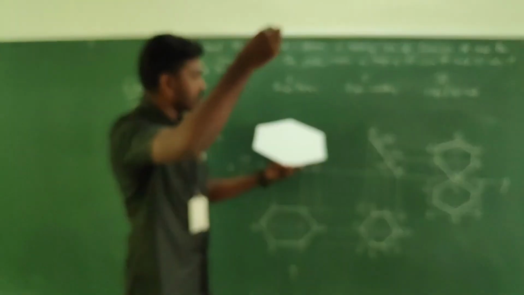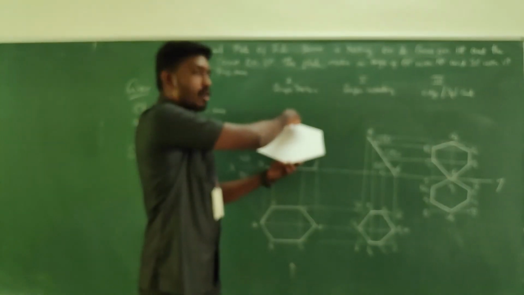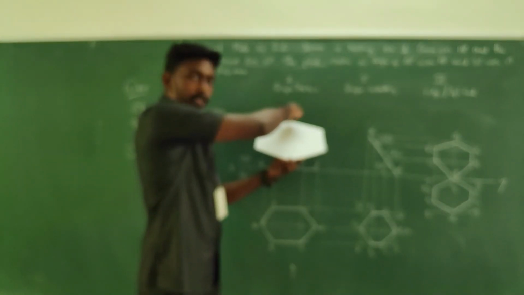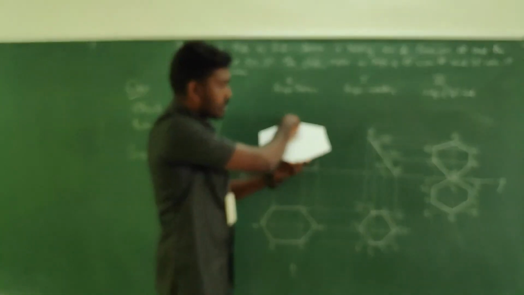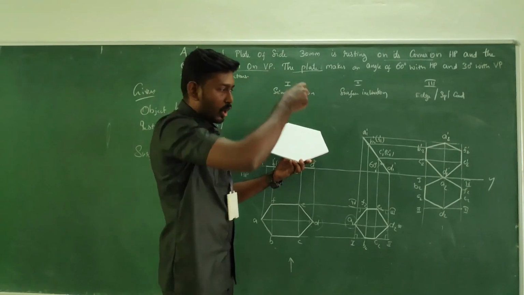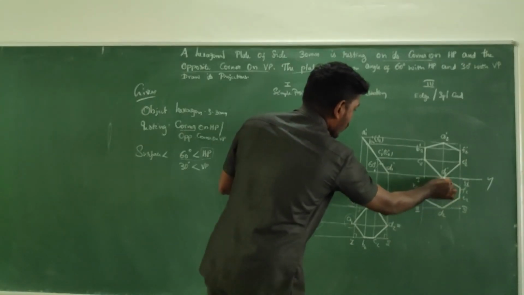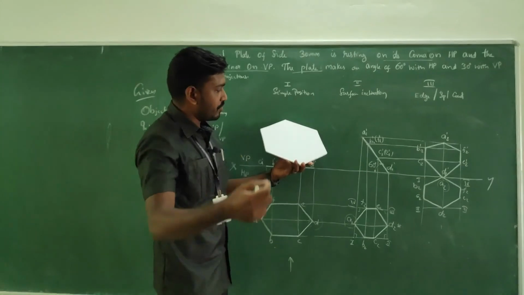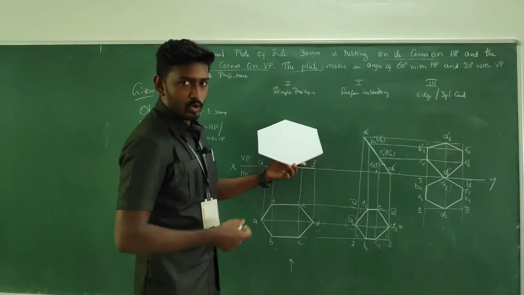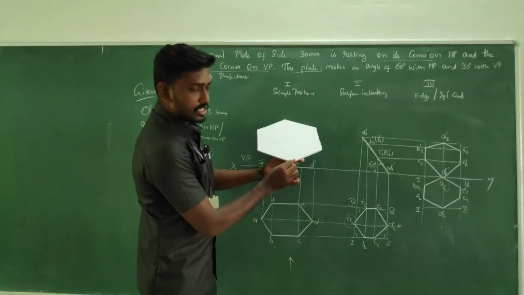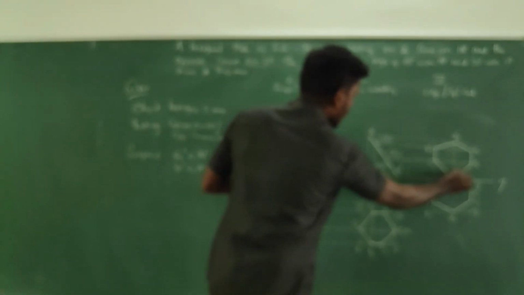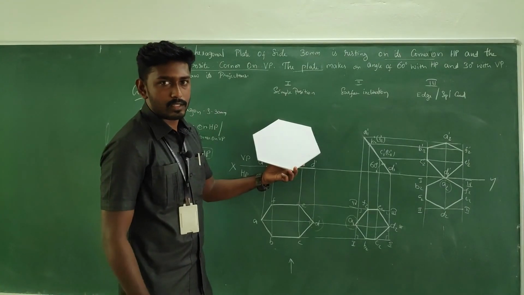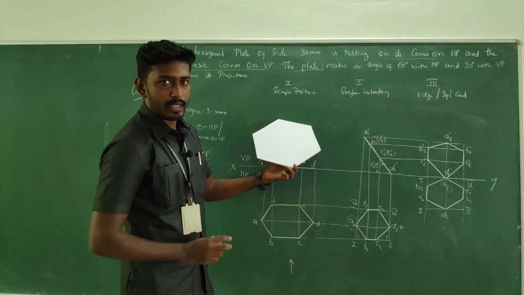So when we take the observation from the top, we can see the point DA resting on the VP, with the point A just on the HY line, something like this. And when you look at the front view, this D will be just resting on HP. So here in the front view, it is on HY, right? The condition is satisfied as per the requirements.